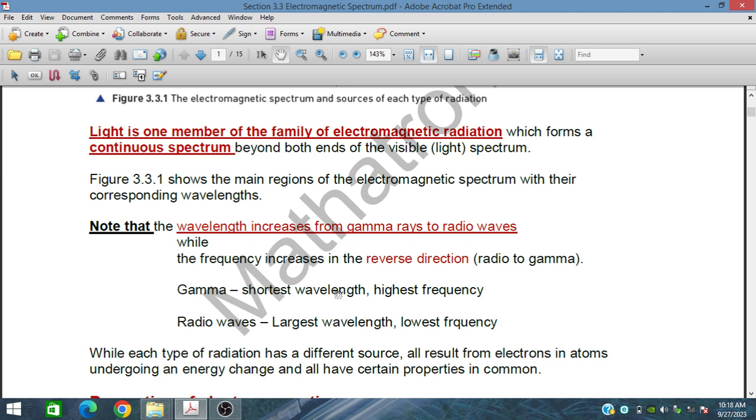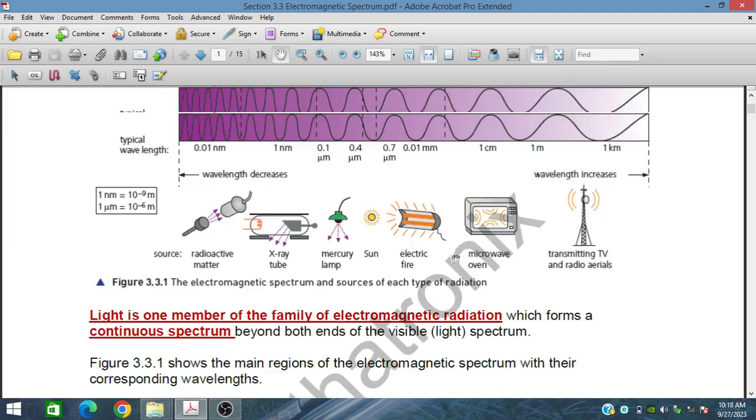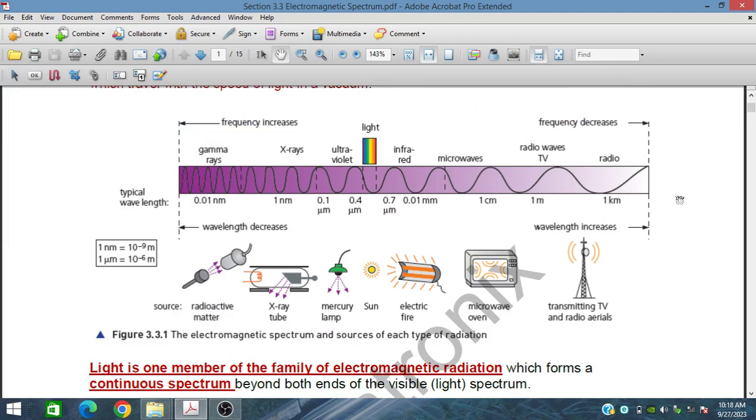Gamma has the shortest wavelength and highest frequency. Radio waves have the largest wavelength and lowest frequency. This is all shown in this figure, so this figure is very important.